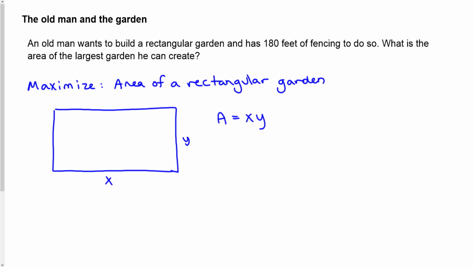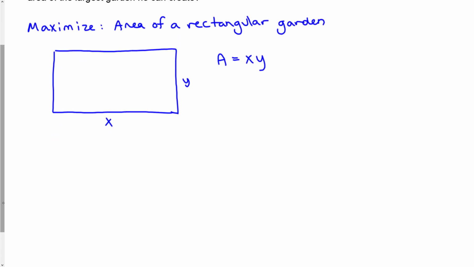So with that in mind, there are different size gardens we could create that would be rectangular and use up all 180 feet of fencing. First, I'm going to say my constraint is the 180 feet of fencing.